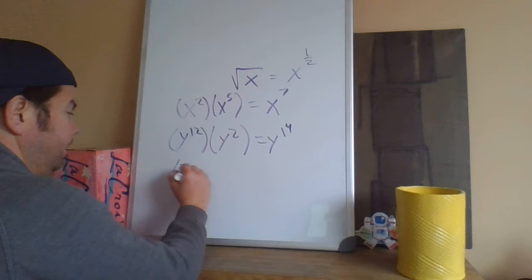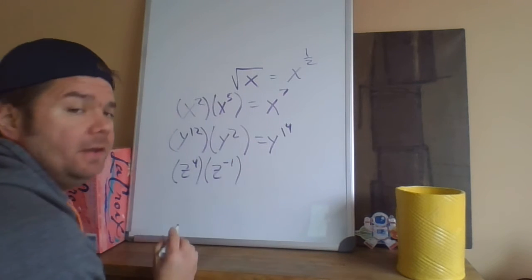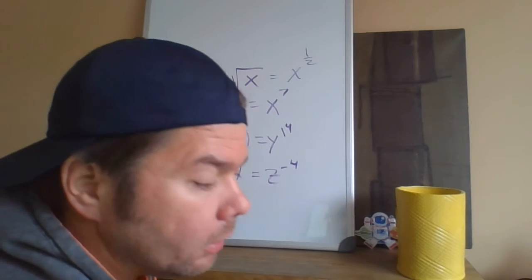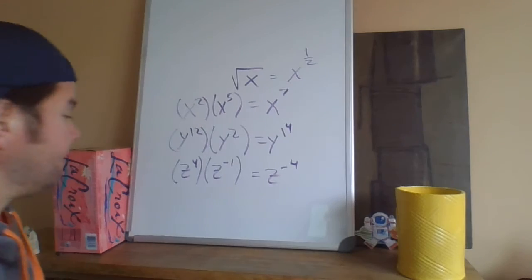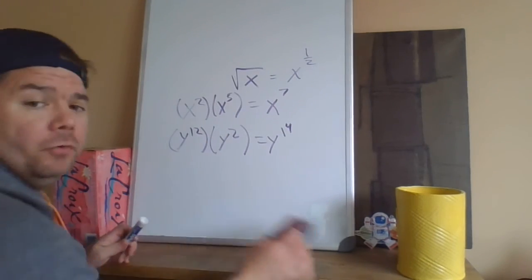So z to the 4th times z to the -1 equals z to negative... No, that's not right. I multiplied the exponents.